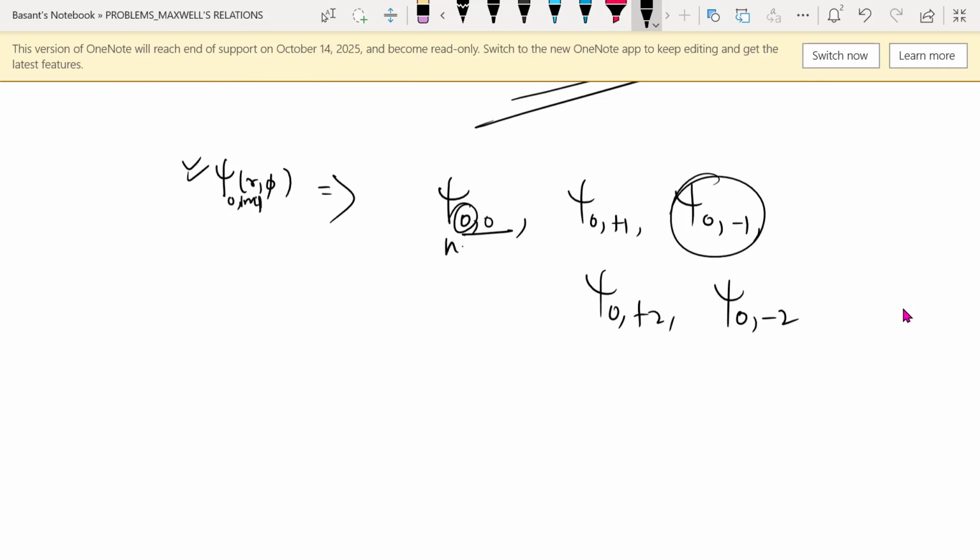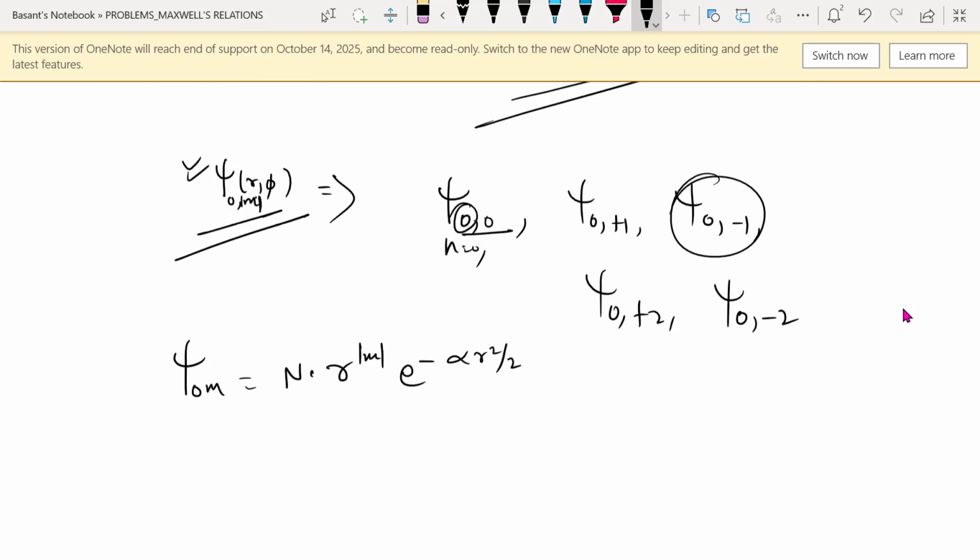That is, n value is 0 and m is anything. So for this wave function, the shortcut is that psi 0m is equal to N times, N is the normalization factor, r to the power mod m, e to the power minus alpha r square by 2.